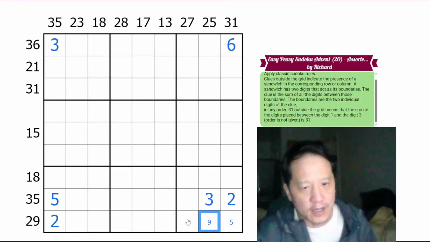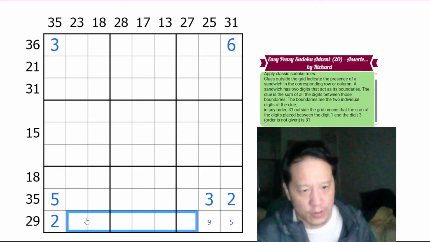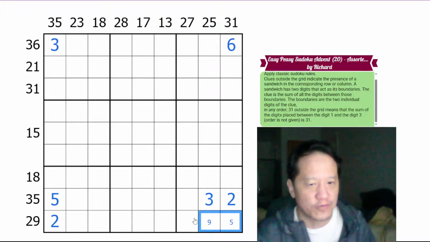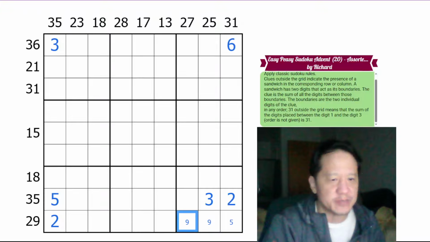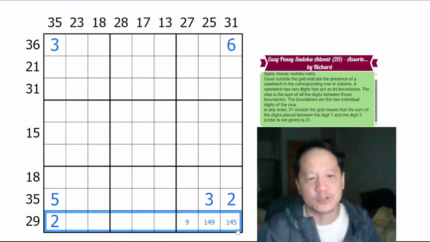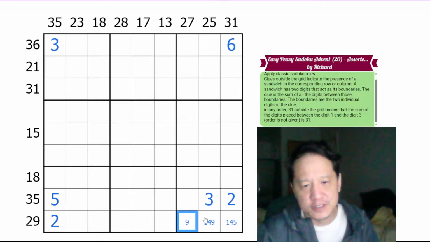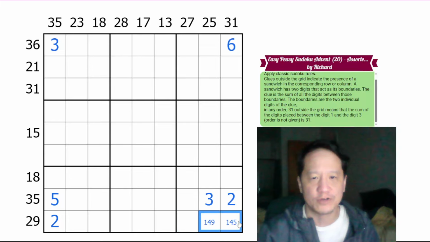So then you would have 45 minus 2 minus 9 minus 5 would give you 34, or sorry, 29. Or this has to be 9 with 1 or 4, right? Because it must add up to 5 again outside, and you can't have 2 and 3 because you already have a 2 in the row. So either this is 9 here and this is 5, or this is 9 and this is 1 or 4.